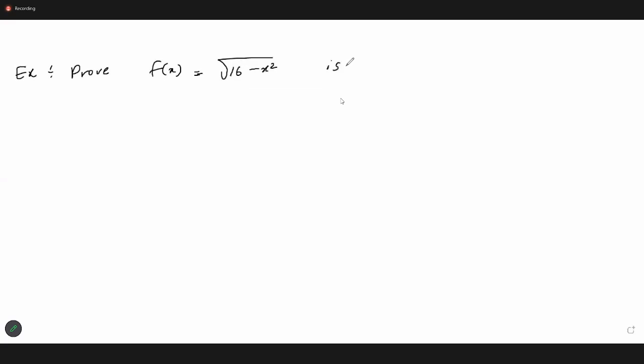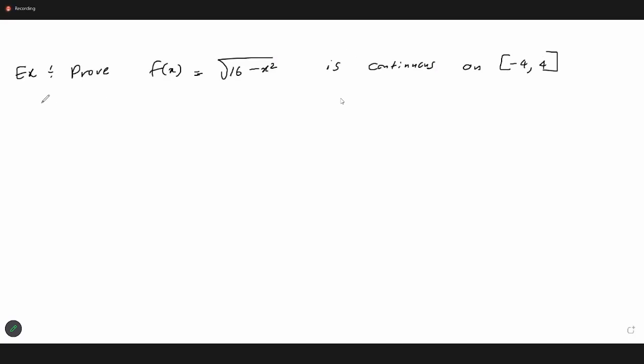This is the problem: is it continuous on this range? We have to prove it. So when you consider the range, the endpoints are also included, because this has a square root.